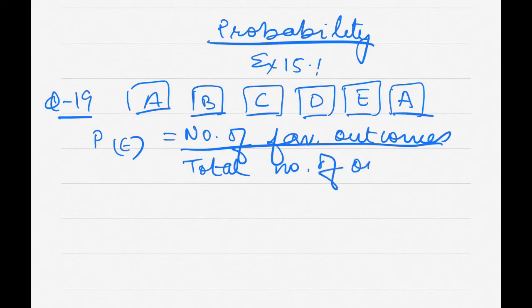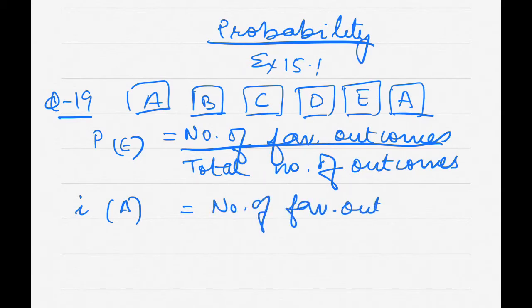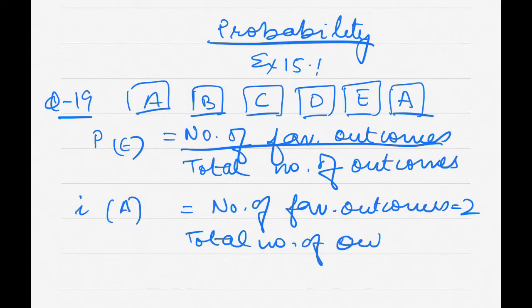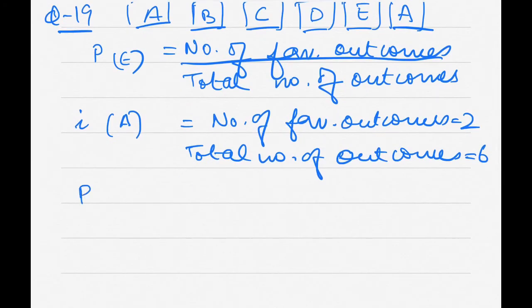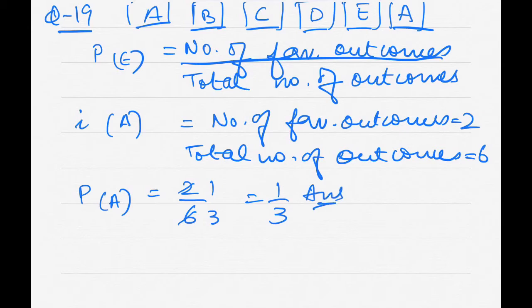Now in the first part they're asking about A. A appears 2 times, so the number of favorable outcomes is 2, and the total number of outcomes is 6, since it's a die. So the probability of getting A is 2 by 6, which is 1 by 3. That is my answer.